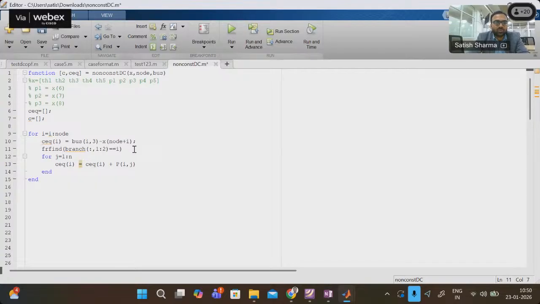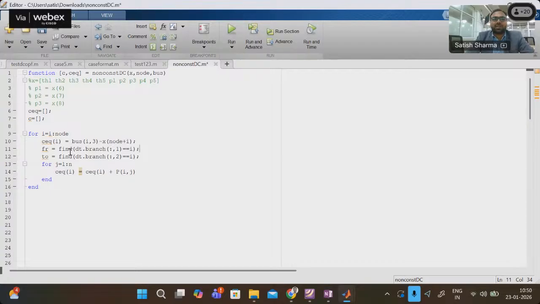So we will use this concept and apply it here. Let's say from node is in dt dot branch data, in the very first column. Then I will use to node equals find dt dot branch second column and I. So I have identified where the ith bus is connected.